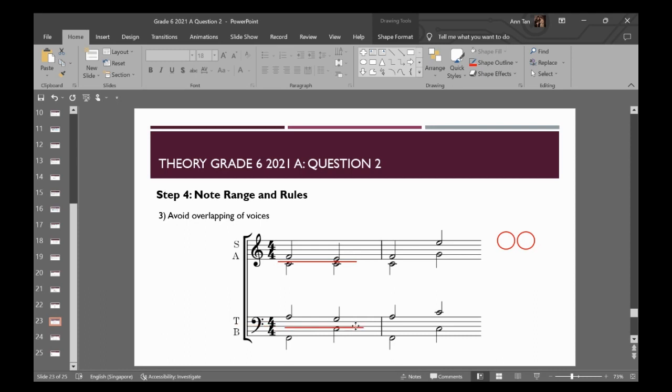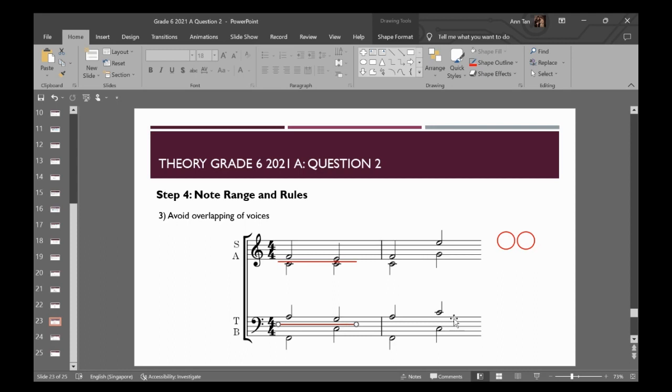Same thing for the tenor and bass. And of course, do also remember to check between the alto and tenor voices. The alto voice is now at middle C for these two chords. For tenor is A and G. It is not higher than the alto voice, and that is safe.